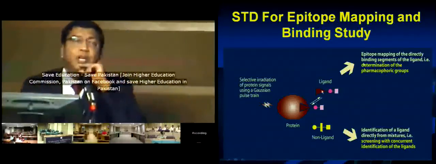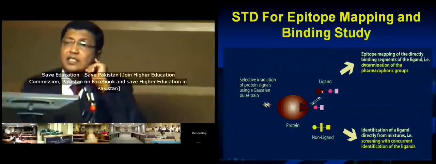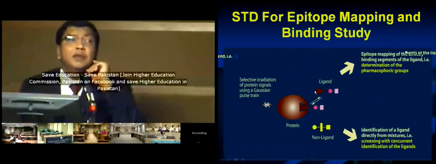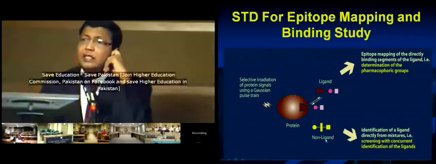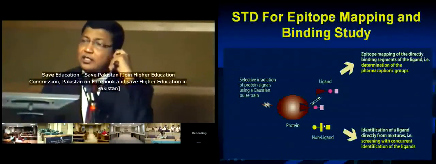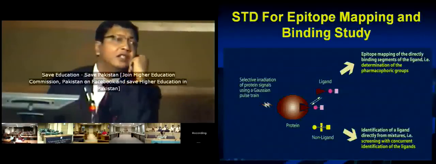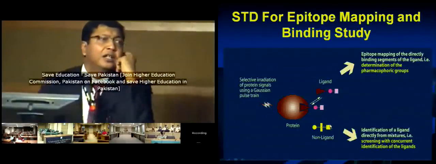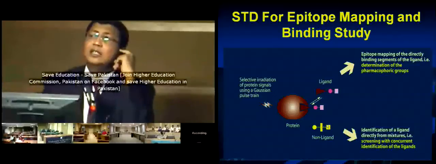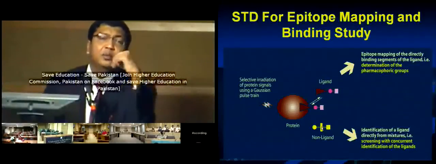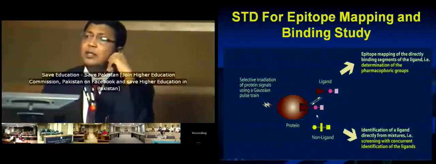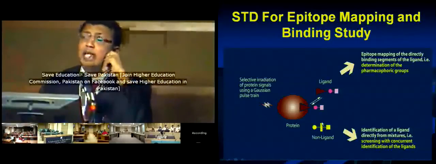And then you would be able to see the change in the intensity and chemical shift of ligand protons. For the other molecule you would see no change, because it is not fitting with the active site. Okay? So this is not a ligand. It is just a molecule which is strange to the protein. It is not interacting with the active site at all.